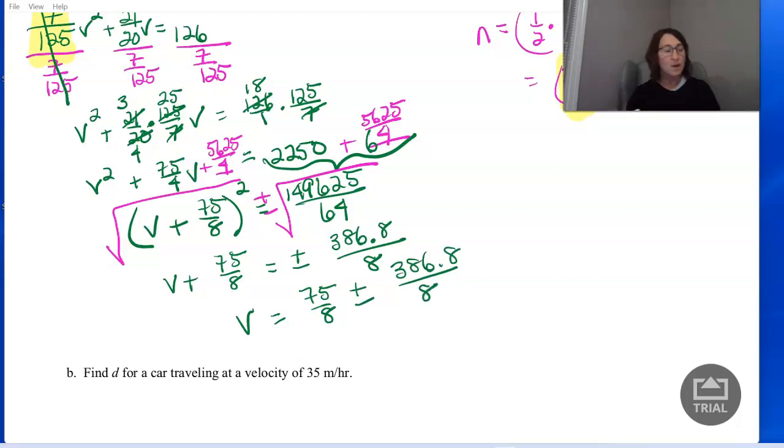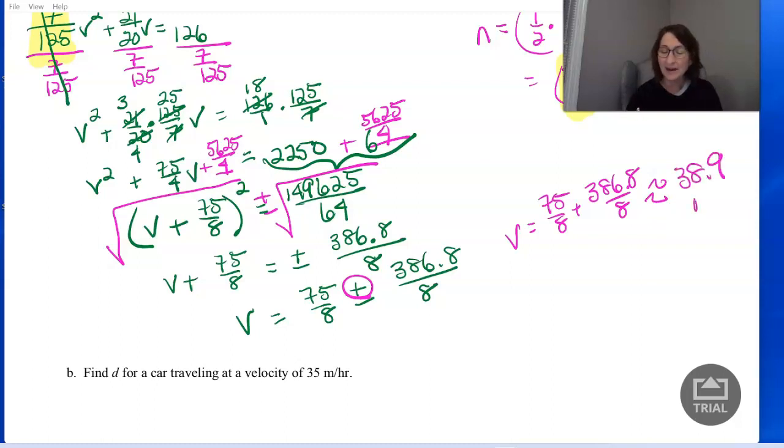If I go ahead and first add the two, my velocity would be 75/8 plus the 386.8 over 8. That's going to give me approximately 38.9 miles per hour, or 39 miles per hour.